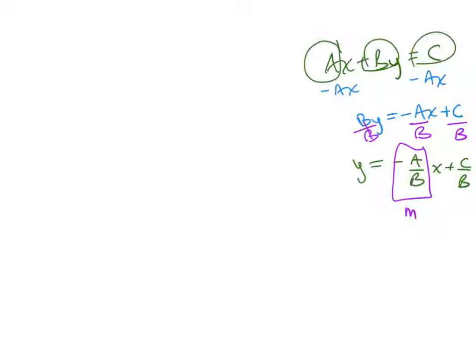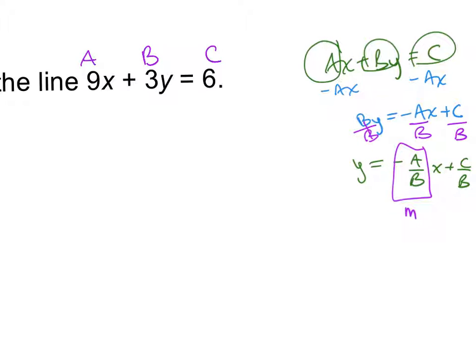That's the shortcut. If it's in standard form, such as this one, a is 9, b is 3, c is 6, the slope is negative of 9 over 3, which is equal to negative 3. That's just the shortcut to find the slope of a line when it's in standard form.